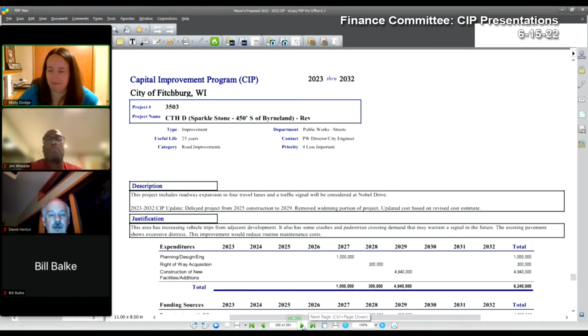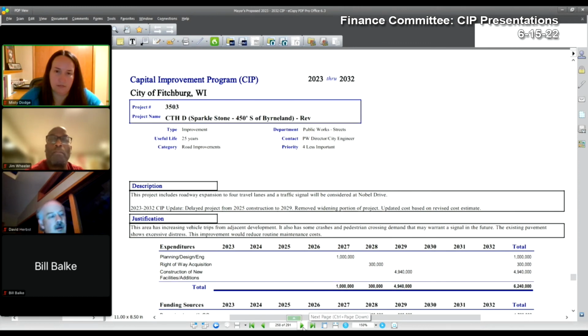3503, Highway D or Fish Hatchery Road from Sparklestone Crescent to about 450 feet south of Burnland. This project would upgrade Fish Hatchery Road to 4 lanes and add a traffic signal or roundabout at Nobel Drive.